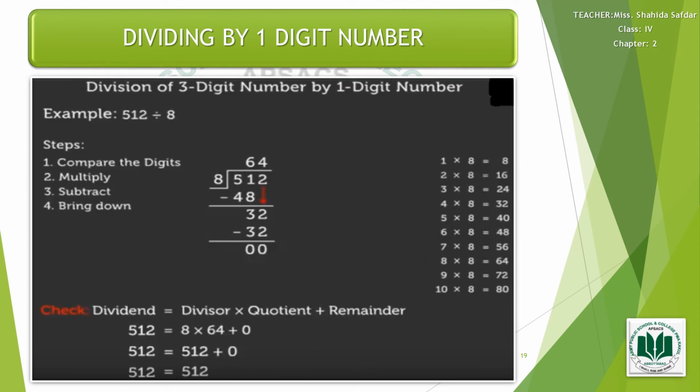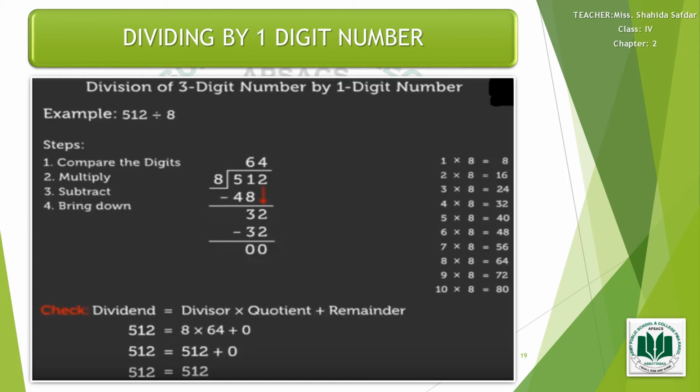Here we will learn division of a 3-digit number by a 1-digit number. There are a few steps to simple division. Let us see these steps for finding the quotient for the number 512 divided by 8.